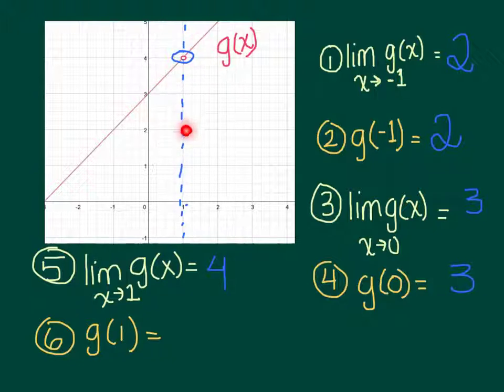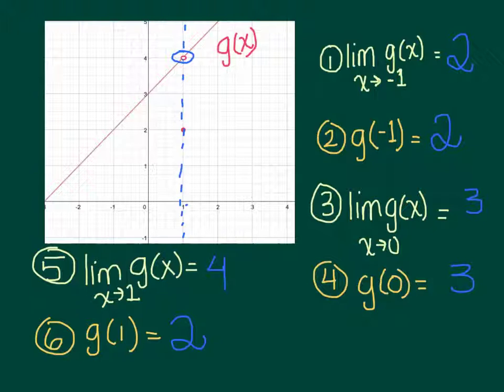This dot down here at the y value of 2 is actually the dot that goes with the x value of 1. So if I was plotting this graph, when I got to x equals 1, I would plot the corresponding y value of 2 rather than 4.